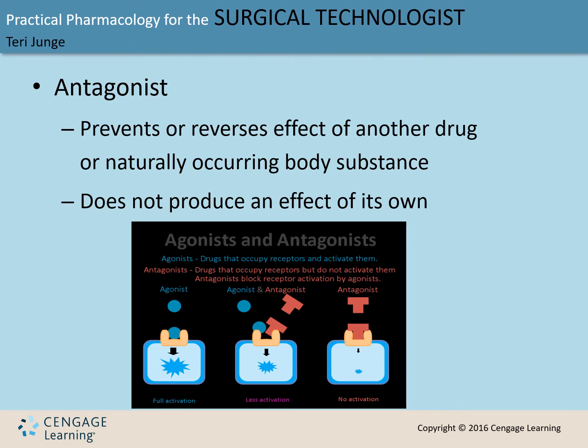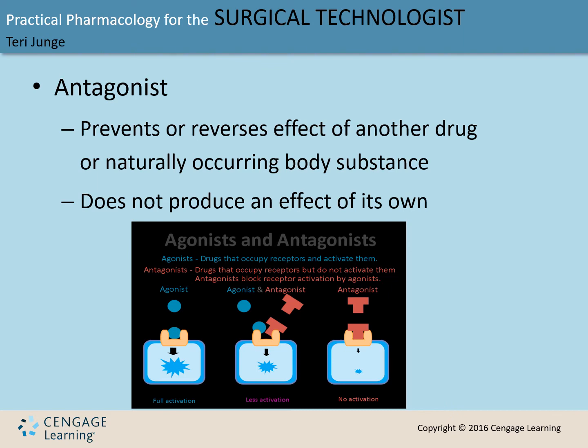So antagonists don't generally produce an effect on their own. They are specifically used to block or reverse an effect of another drug. And there are 5 different types or categories of antagonists.